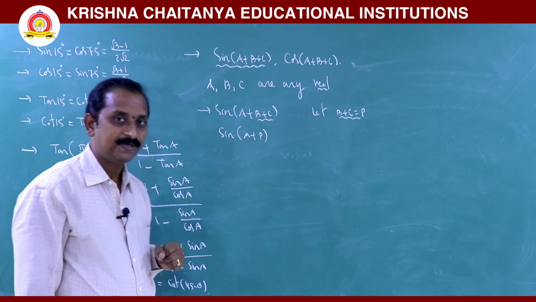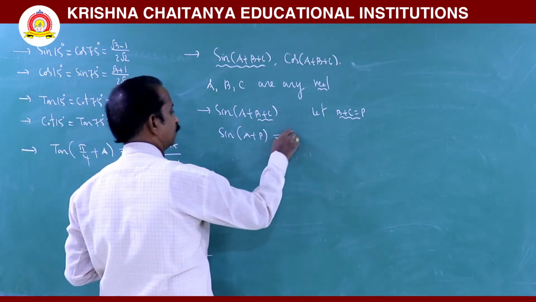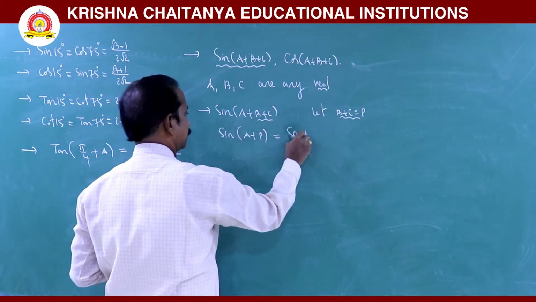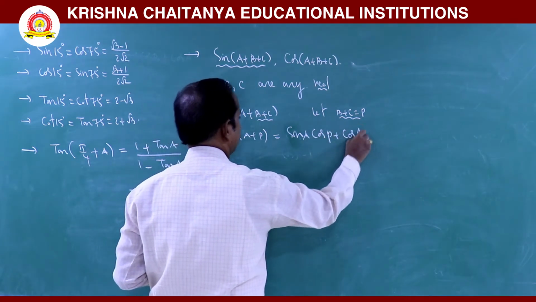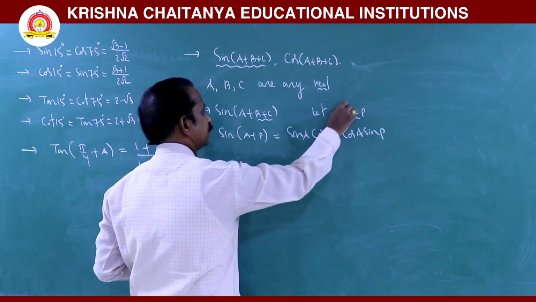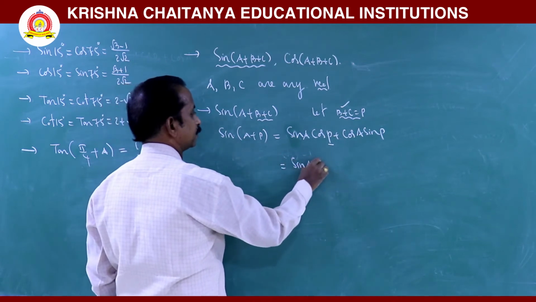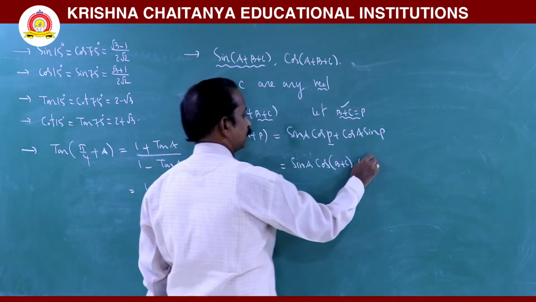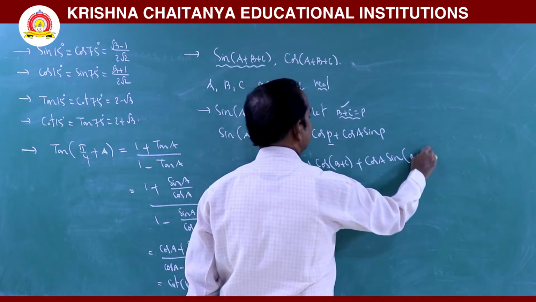So sin (A plus B) is sin A cos B plus cos A sin B. Using the formula we get sin A into cos P plus cos A into sin P. But what is P? Our assumption is B plus C. So therefore sin A into cos of (B plus C) plus cos A into sin of (B plus C).